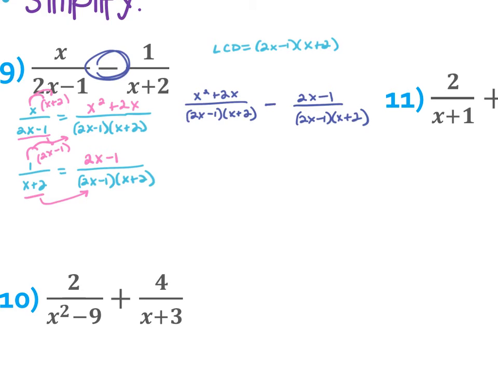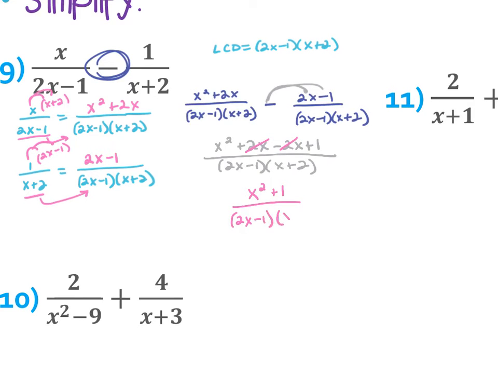Now the denominator's the same, so I rewrite the numerators, x squared plus 2x. The negative goes to both: negative 2x plus 1 over 2x minus 1 and x plus 2. Combine my like terms. 2x minus 2x cancels out, and I get x squared plus 1 over 2x minus 1 times x plus 2.